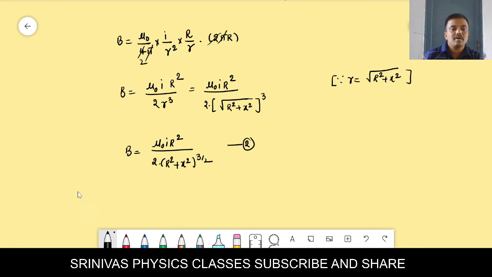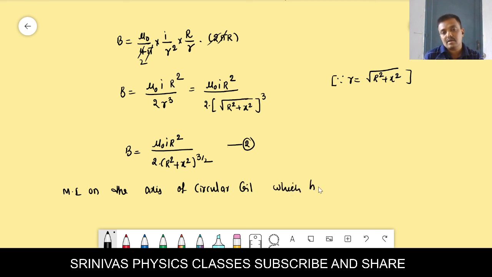I want the magnetic induction on the axis of a circular coil which has capital N turns, then how can we find out?